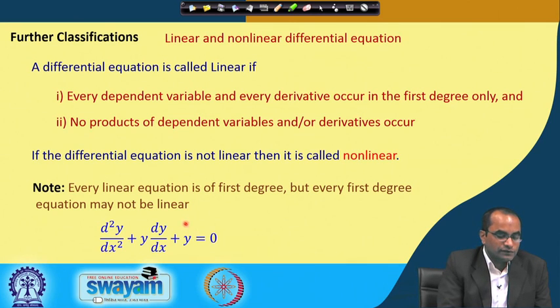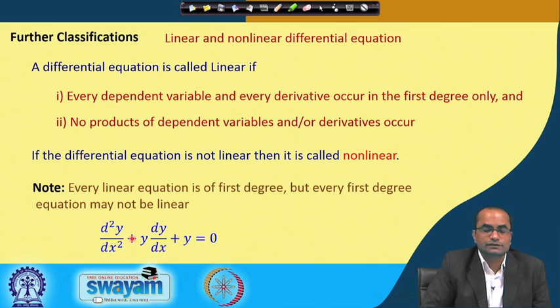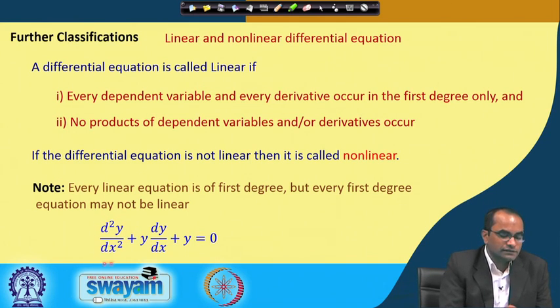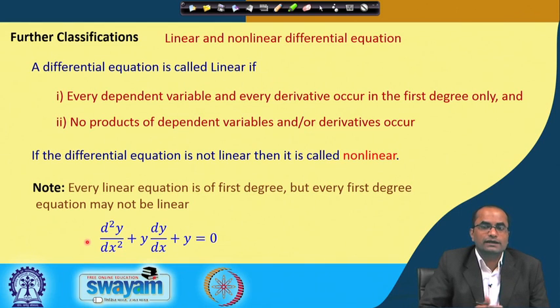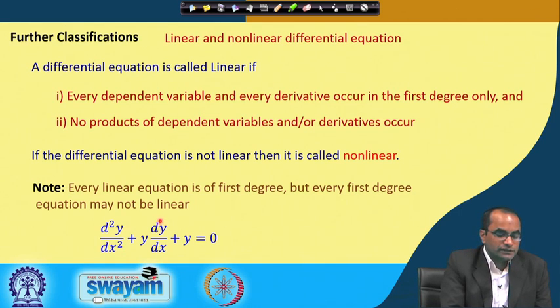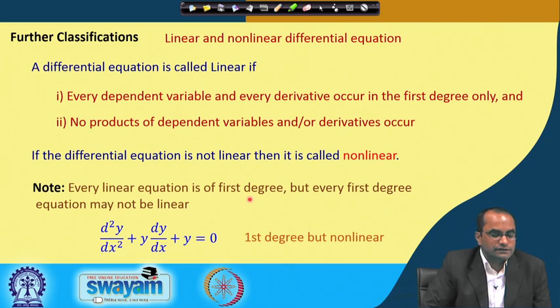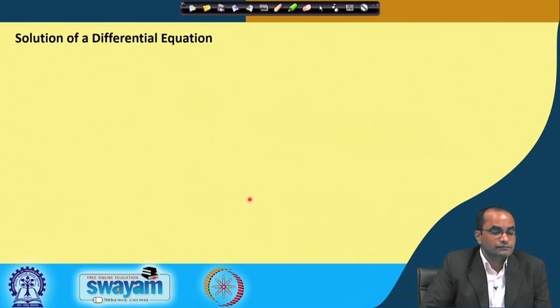For instance, here this is a second order equation and the degree is 1, because the degree is defined as the degree of the highest order term, but this equation is nonlinear because of this product of y and dy over dx. So, this is a first degree equation, but it is nonlinear. Every linear equation is of first degree, but not every first degree equation will be linear.